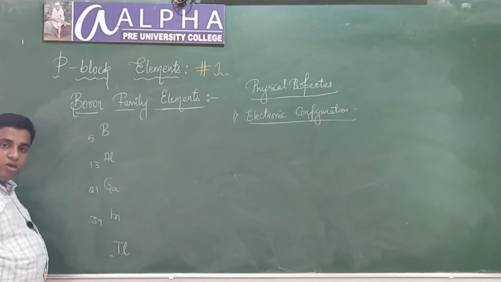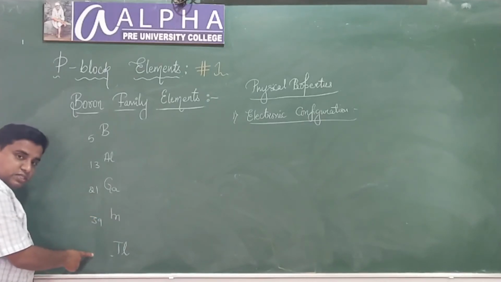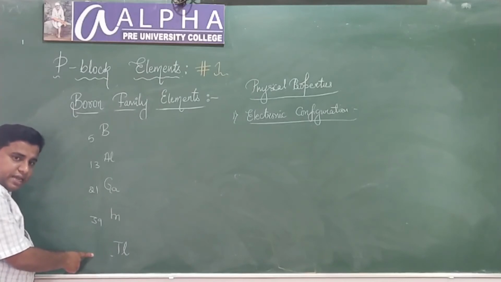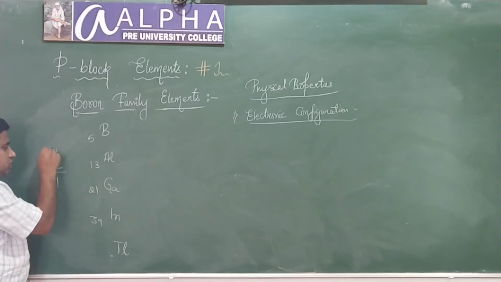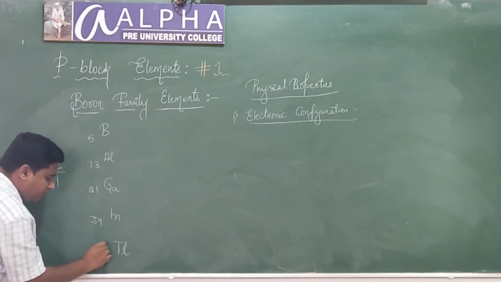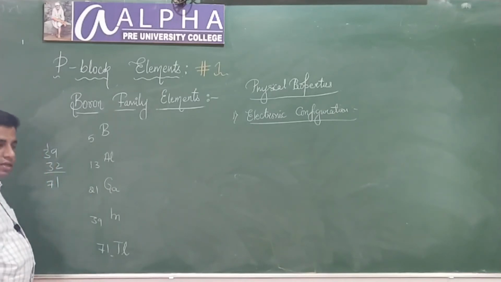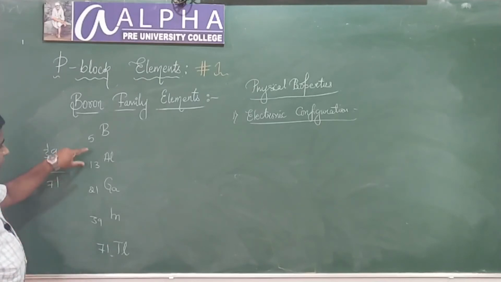Am I correct? 39 plus 32 is 71, correct?